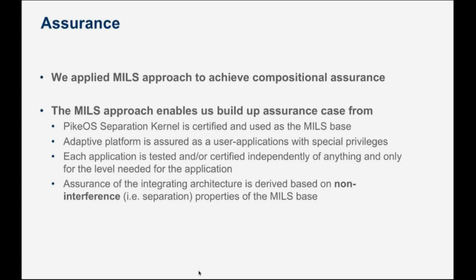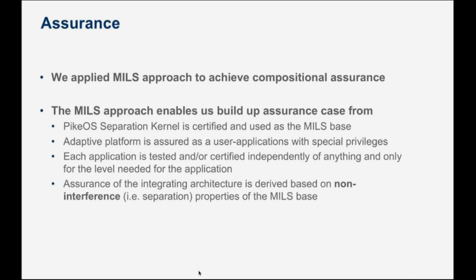So in the end, we can then put together a complete system assurance based on the idea that we have a non-interference, which is guaranteed, so that we can really say, because there's no interference between the applications, between the parts of the systems, this is the reason why we can actually look at the parts individually, and putting them together doesn't change anything in their behavior.